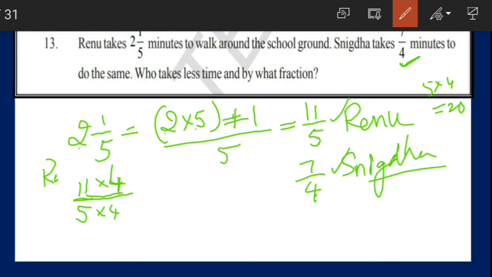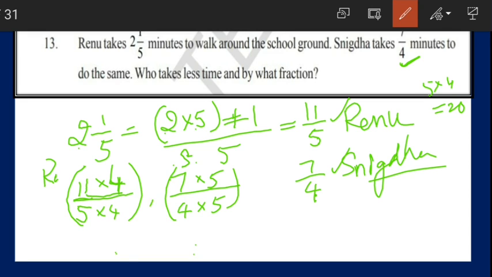So this is Renu's time. And now Snigdha's time is 7 by 4. We have to multiply 7 by 4 with 5. Observe that 11 fours are 44 by 20.